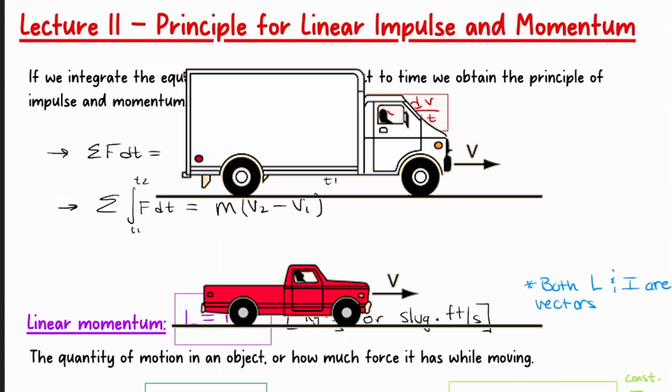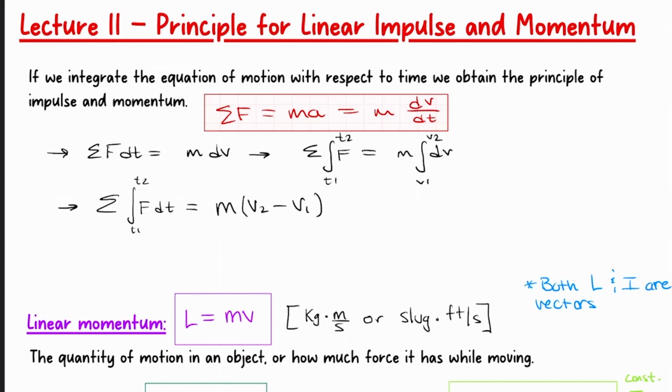But if you have an 18-wheeler going at the exact same speed and crashing on the exact same barrier, of course the 18-wheeler, because it has more mass, will have more momentum, so it will crash and make a larger deformation or a larger mess than the small car going at the exact same speed. Or if any of you guys play sports, you've been tackled by a guy that weighs 150 pounds versus a guy that's 250. Of course, maybe the 250 guy might not be moving as fast, but he still carries a lot of momentum because he does have more mass. So that's how we define momentum.